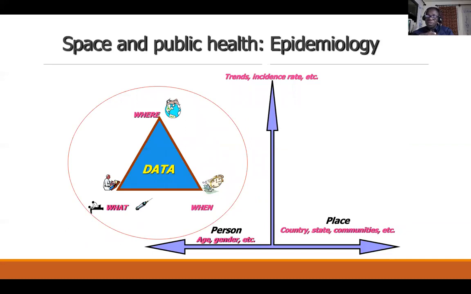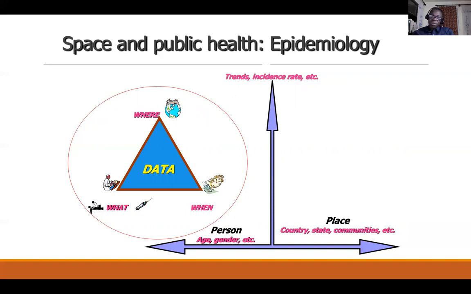Because epidemiology deals with the study of people, places, and time. In fact, if you have taken a basic epidemiology course, you are going to learn that diseases are characterized by person, place, and time.